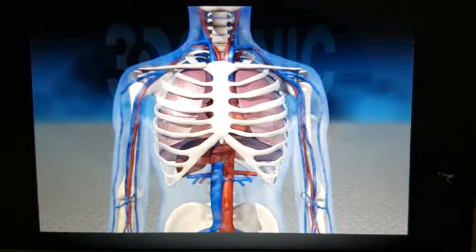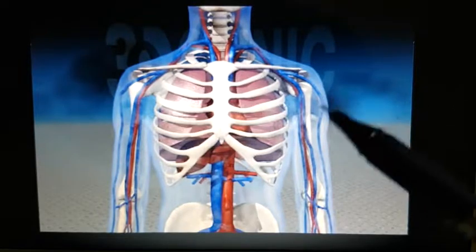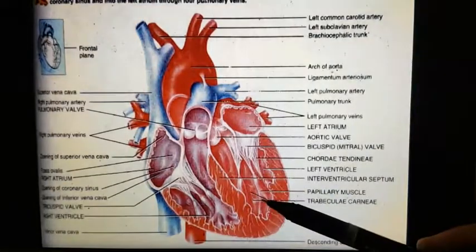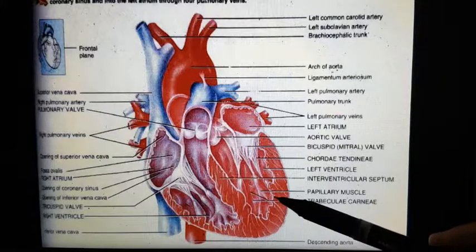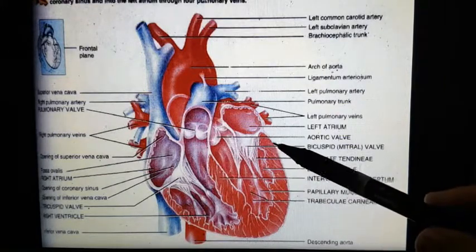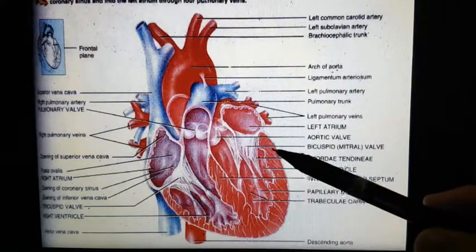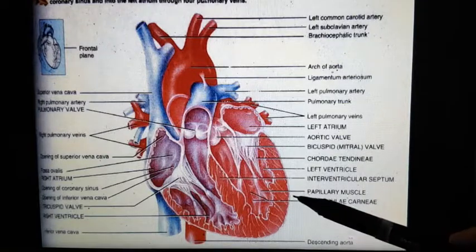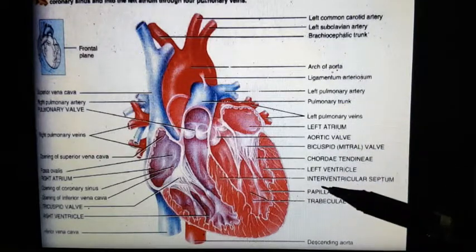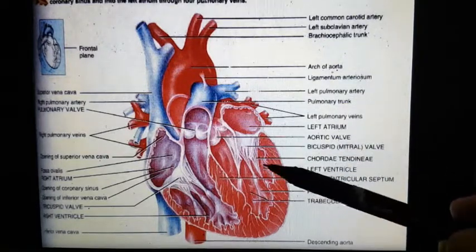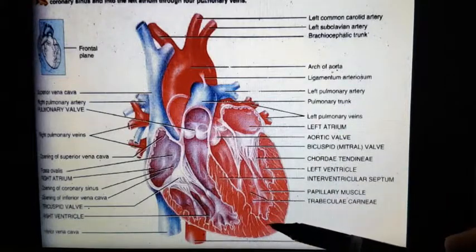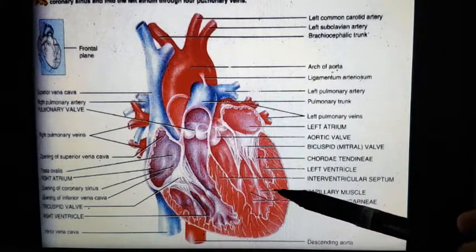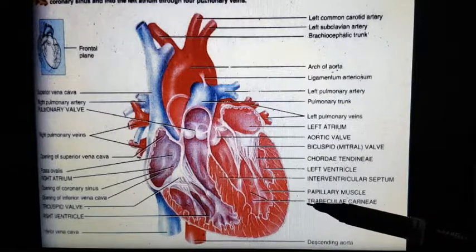So you call that infarction a subendocardial infarct. But if the infarction goes beyond the endocardium, it affects the myocardium and the outermost layer, which you call the epicardium. You call that type of infarction a transmural infarct. So again, subendocardial infarct affects the endocardial layer. Transmural infarction goes beyond your endocardium.